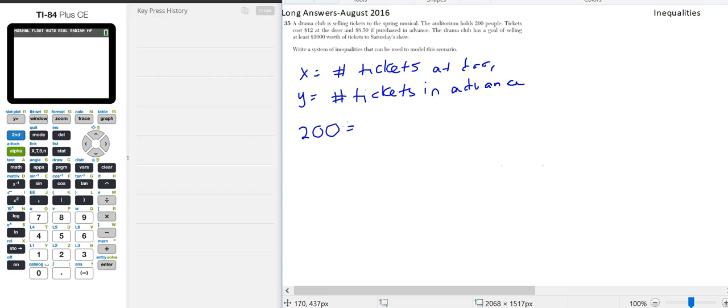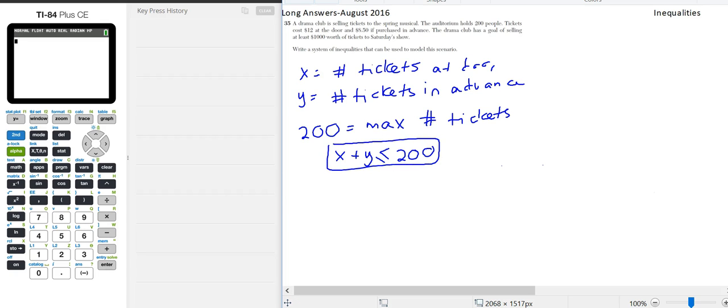So we could use this to write an inequality. X plus Y, the total tickets sold at the door and in advance, has to be less than or equal to 200. That's one inequality.